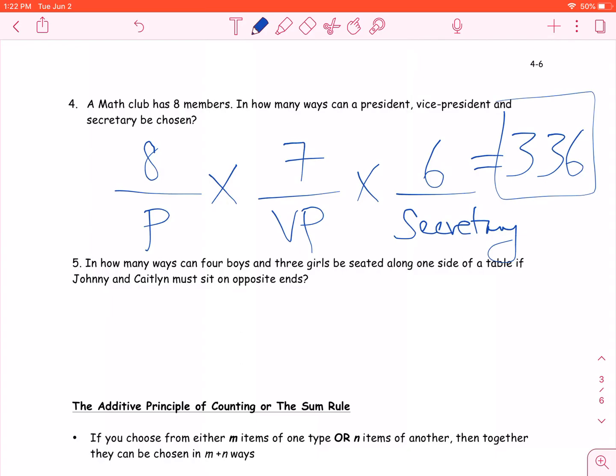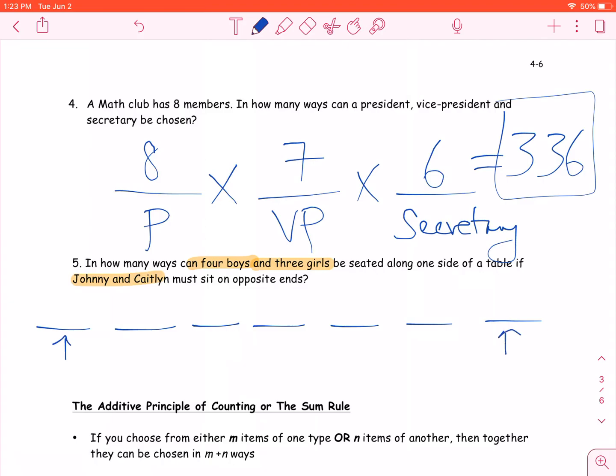And then in this one, in how many ways can 4 boys and 3 girls be seated along one side of a table if Johnny and Caitlin must sit on opposite ends? Again, highlight as you go through the information. So we have 7 spots. Our first spot and our last spot are going to be very important.